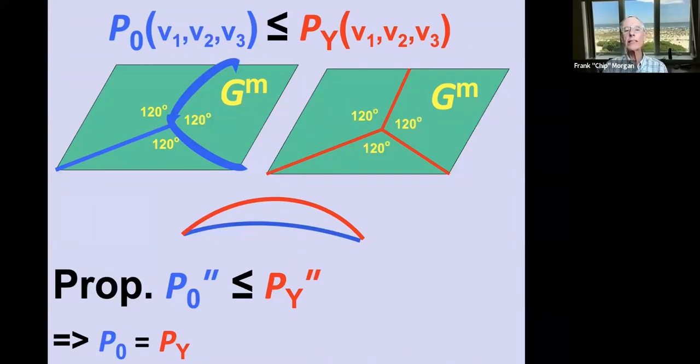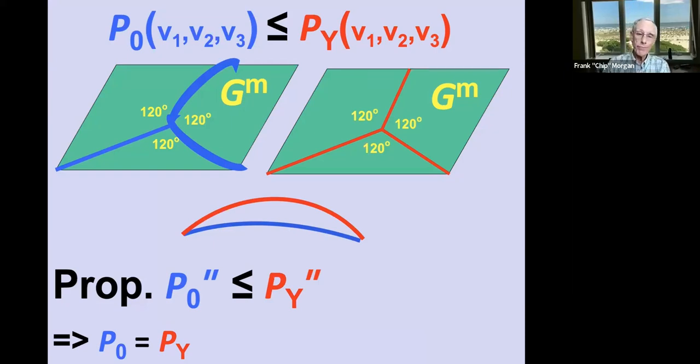It looks at how the least perimeter or surface area depends on the three volumes that you're given. And we know what that is for the Y shape, meeting at the 120-degree angles. We know what it is for the Y shape, so that's the piece of Y on the right. But we don't know that that's the minimizer.